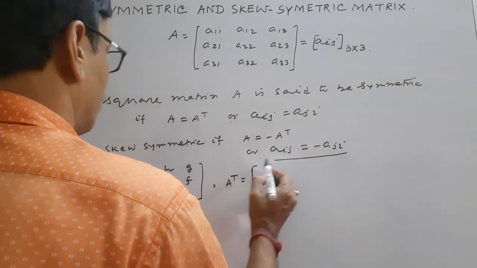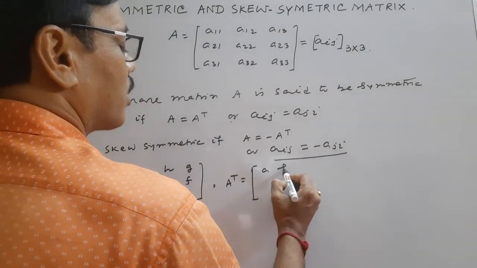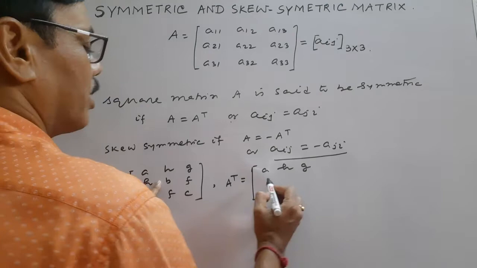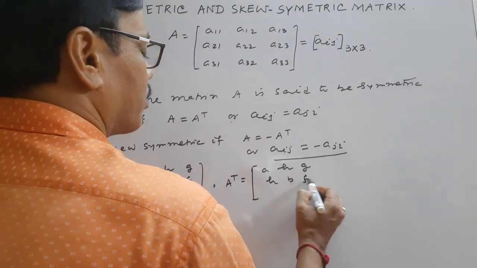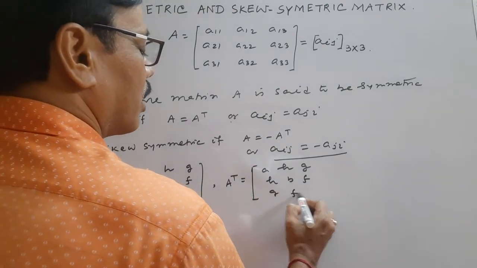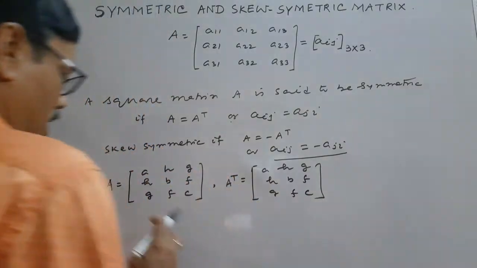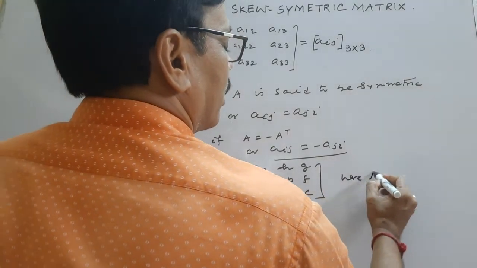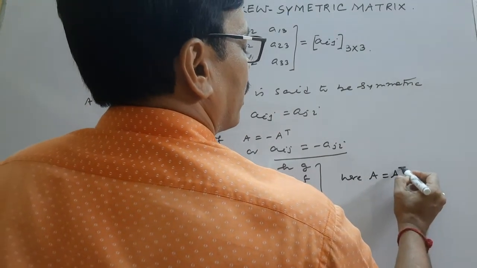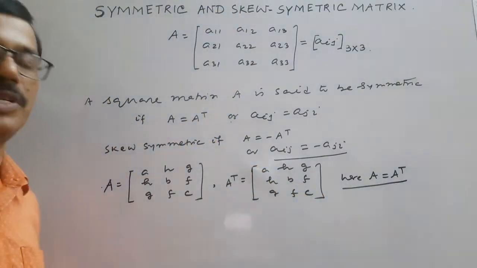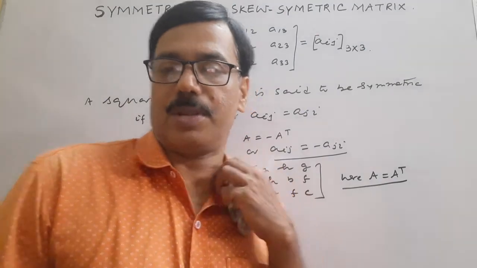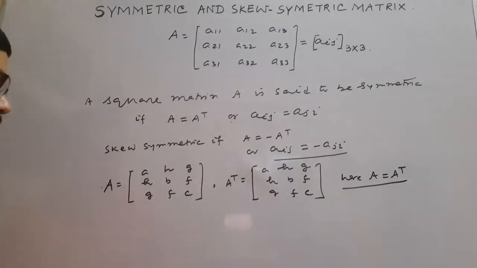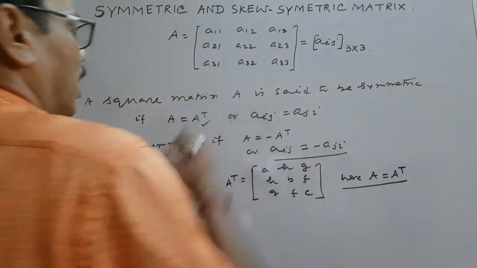Changing rows into columns, the first row will be A, A, G, then H, B, F, then G, F, C. Now A and A transpose are same. Here A equals to A transpose. So this is an example of a symmetric matrix. So A equals to A transpose, it is clear.